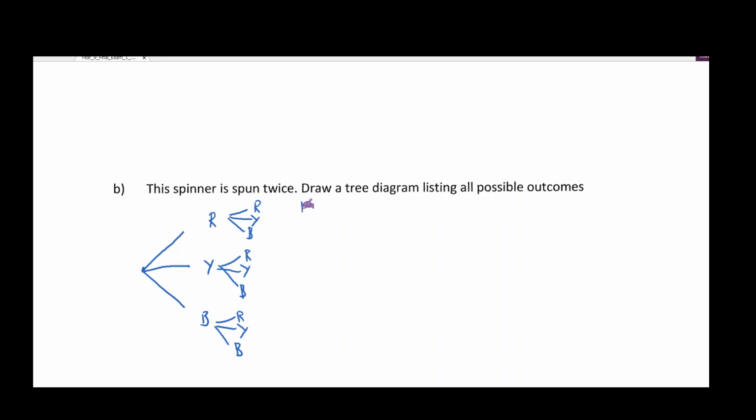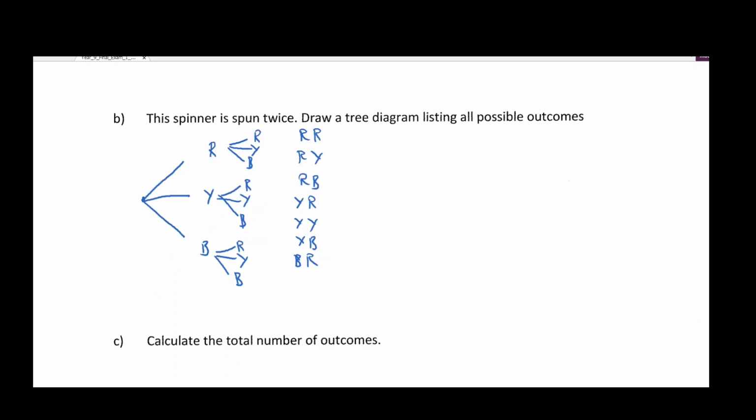So you could have red, red, or you could have red, yellow, red, blue, yellow, red, yellow, yellow, yellow, blue, or you could have blue, red, blue, yellow, blue, blue. So we have 1, 2, 3, 4, 5, 6, 7, 8 outcomes.